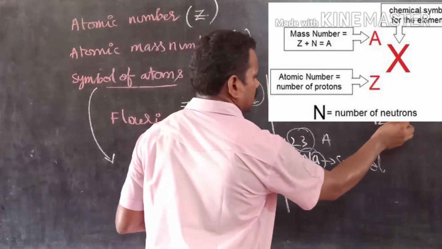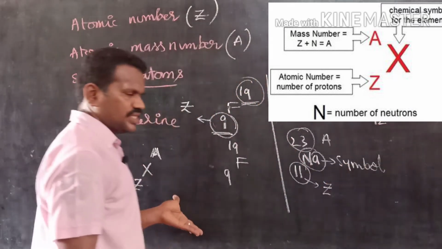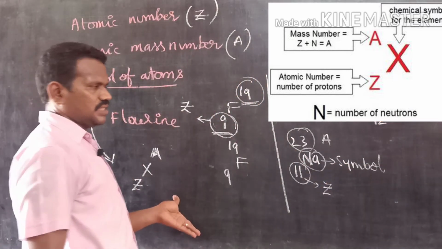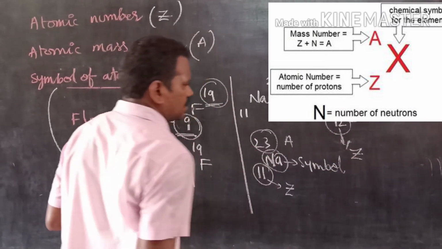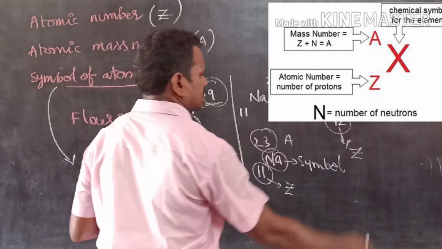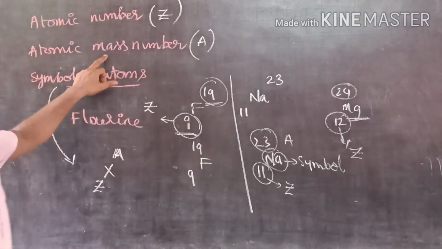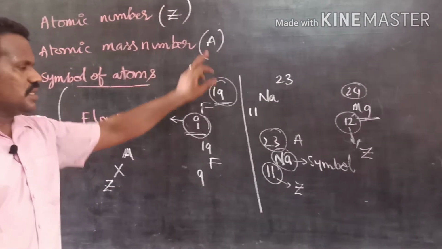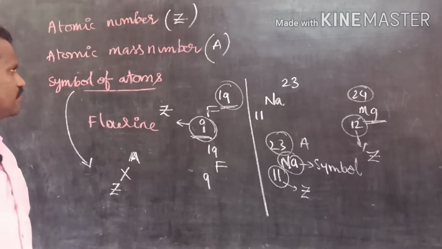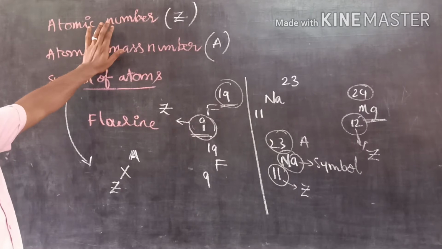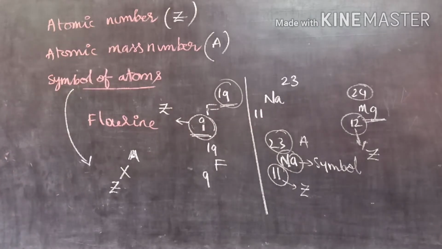What does it mean? The element is magnesium. Why? Because the symbol is Mg, where 12 is atomic number Z, and 24 is atomic mass number represented by letter A. Let us discuss some more examples and what we can get from them, and the definitions of atomic number and mass number.